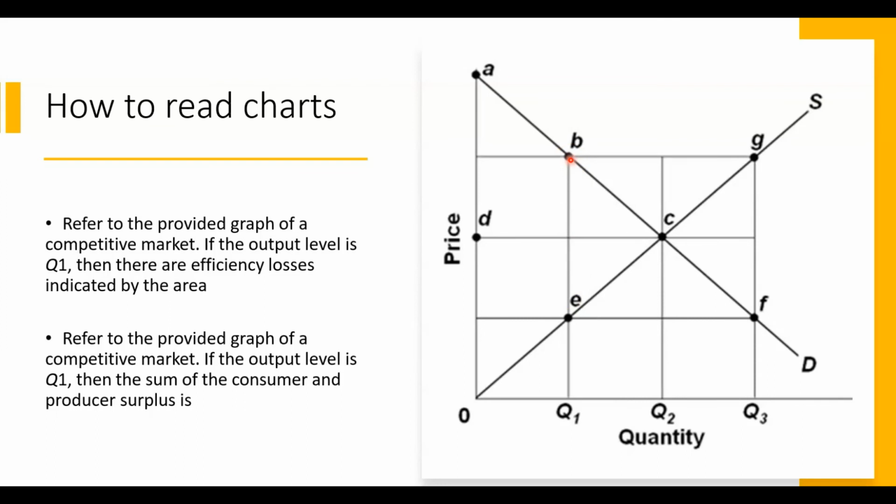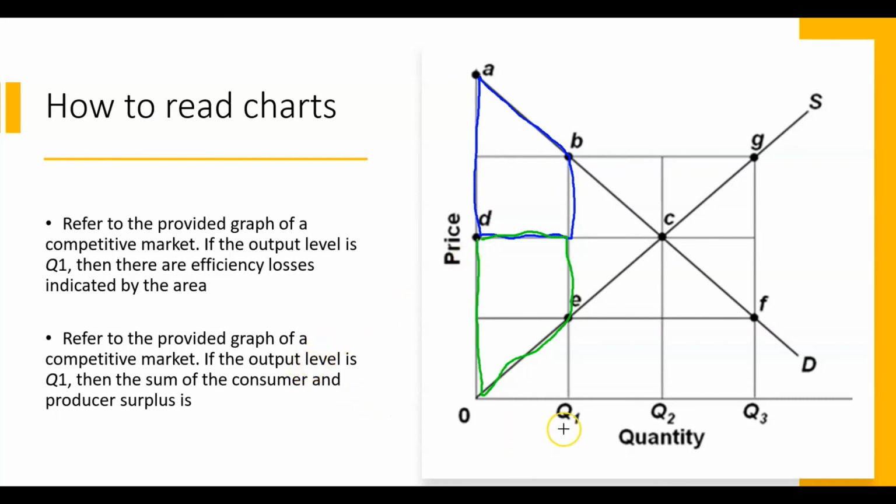Second part of the question says, refer to the provided graph of a competitive market. If the output level is Q1, then the sum of the consumer and producer surplus is what? So if it's Q1, plus this amount is producer surplus.